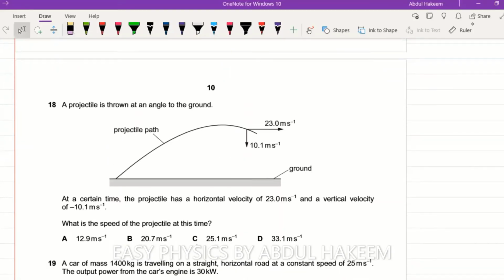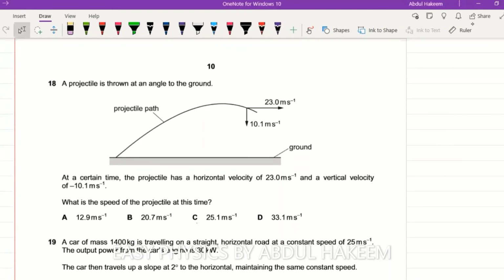A projectile is thrown at an angle to the ground. Next question is question 18. At a certain time, the projectile has a horizontal velocity of 23 and the vertical velocity is -10. What is the speed of the projectile at this time? So look, we have to calculate the resultant velocity. This is the x component and this is the y component. The resultant velocity is the square root of x component squared plus y component squared.